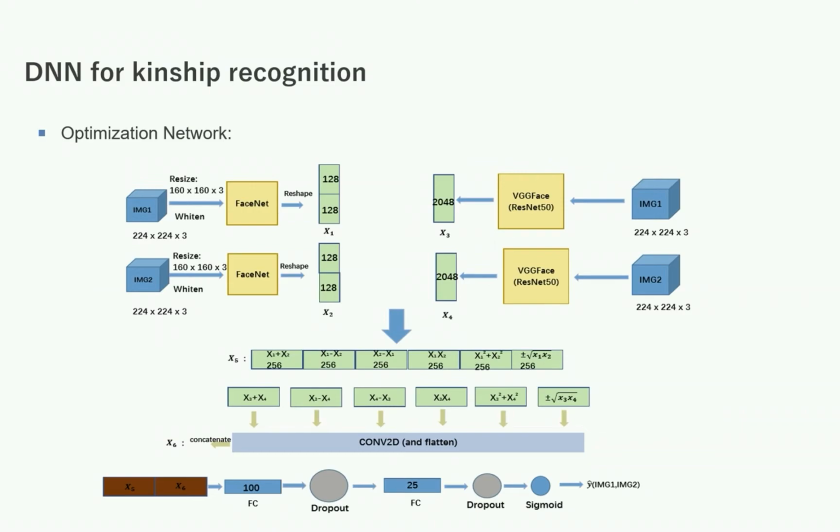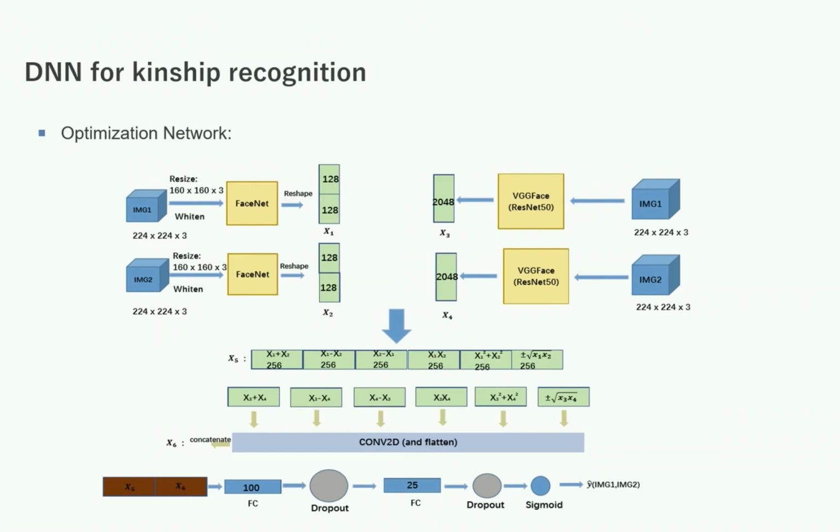The 128-dimensional advanced features are learned from the FaceNet model based on a large amount of extra face data. We get the features x1 and x2 corresponding to image 1 and image 2 respectively.